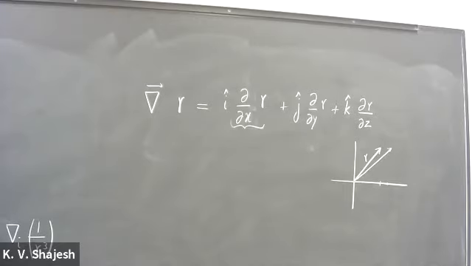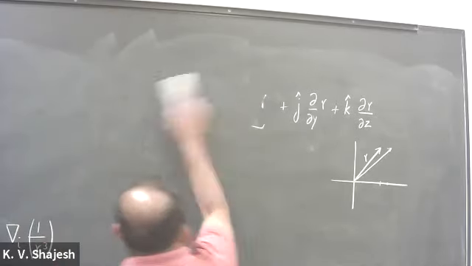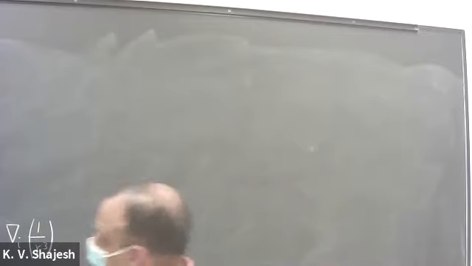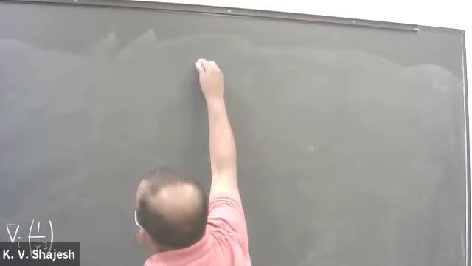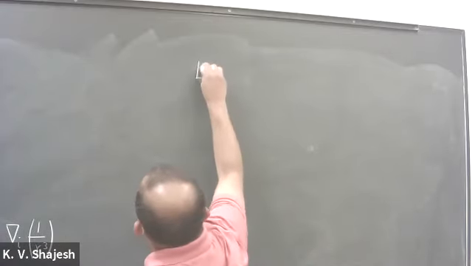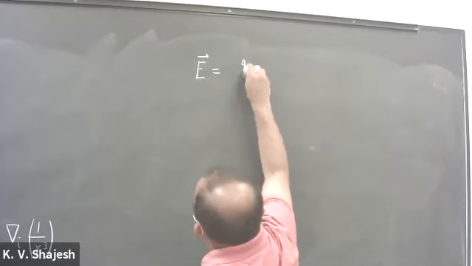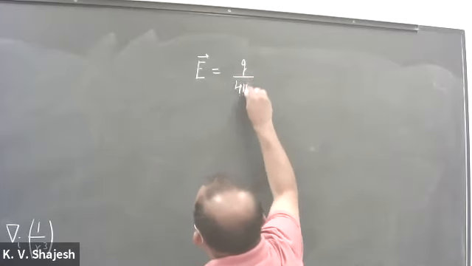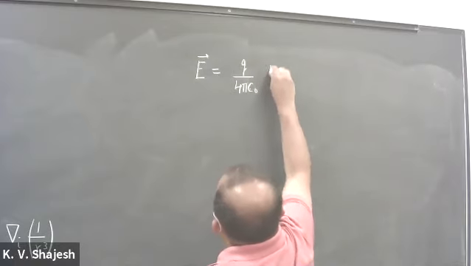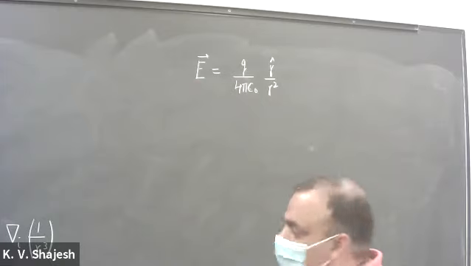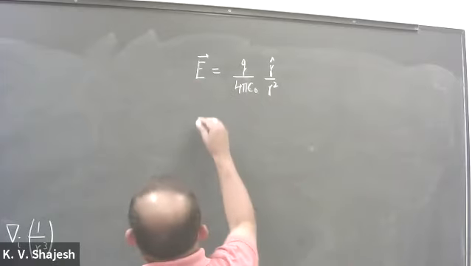So let's do this. Let's summarize the important points. For a point charge, the electric field is Q over 4 pi epsilon naught, r hat over r squared. That's the electric field due to a point charge.